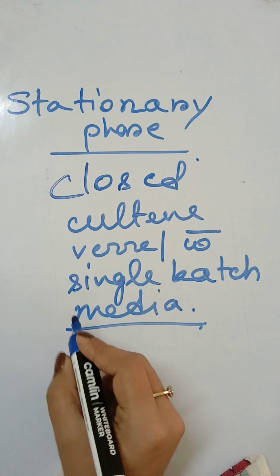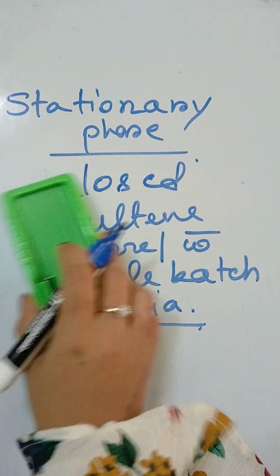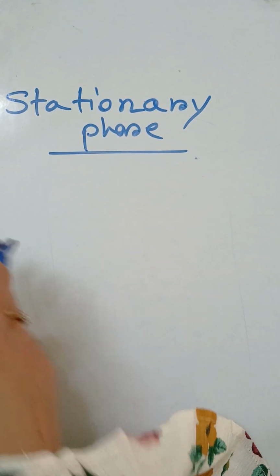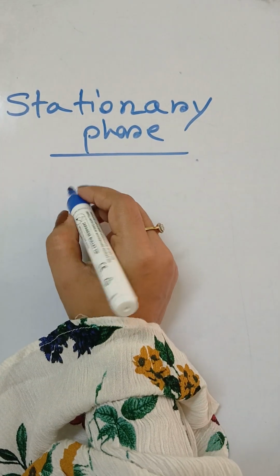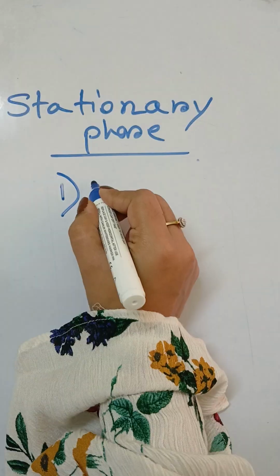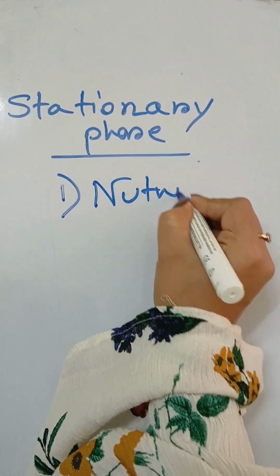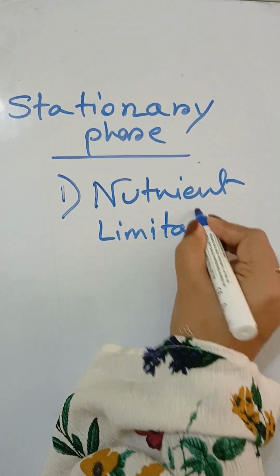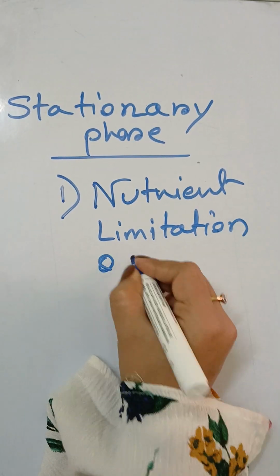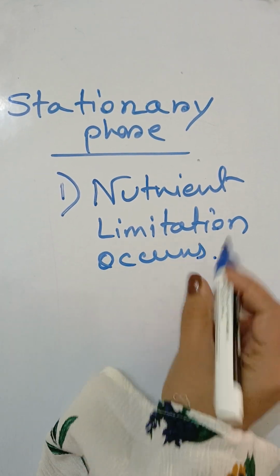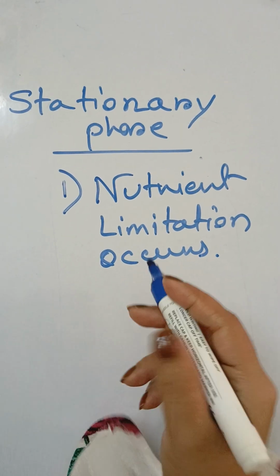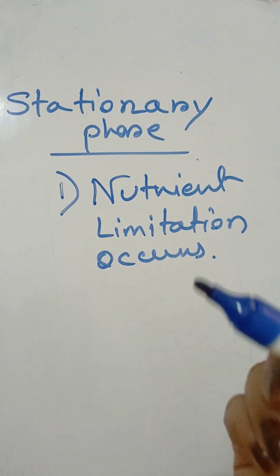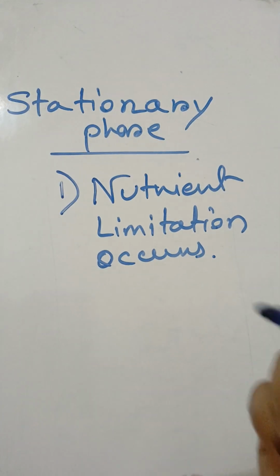So there are generally two most important reasons why the bacterial population reaches the stationary phase. Number one, nutrient limitation occurs, because at the exponential phase, the cells generally use the maximum amount of nutrients to grow and divide at a maximum rate.